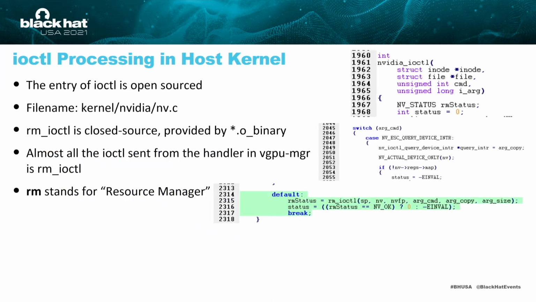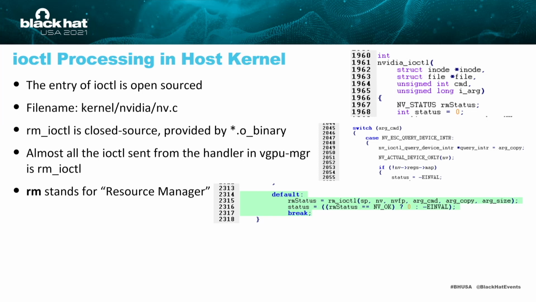On the other side, there's also a file named nvidia.ko in the host kernel, which confused us at first. Fortunately, we quickly figured out its relationship with the nvidia.ko in the guest machine. In addition, because part of its code is open source, it can also help us understand an important process more easily, which is the meaning of the parameters when entering RM IO control.